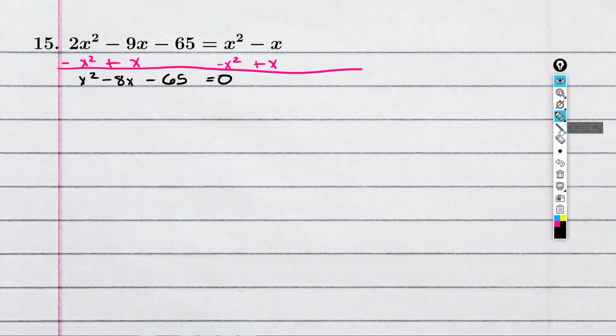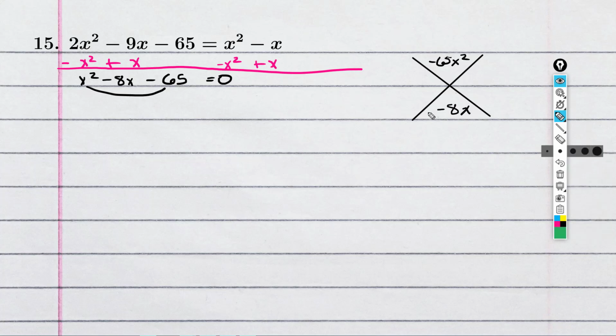And so again, we have a trinomial, no GCF, and we're going to go through and find what parts make our x. So we have negative 65 x squared up at the top, because we multiplied these two together, and negative 8x in the bottom of your x.